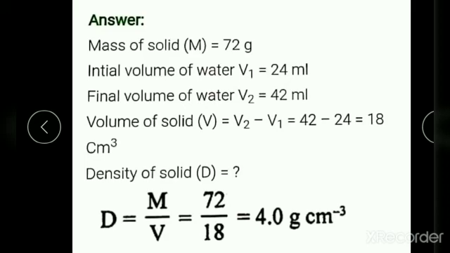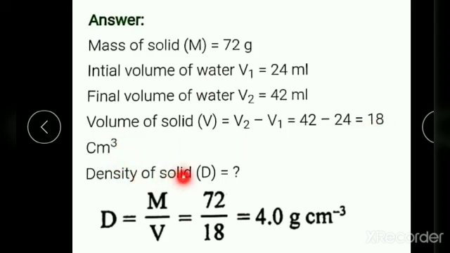Okay, so let's see what is given. Mass of the solid is 72 grams, initial volume of water V1 is 24 milliliter, and final volume of the water V2 is 42 milliliter. Volume of the solid is V2 minus V1, that is 42 minus 24, which gives you 18 centimeter cube.